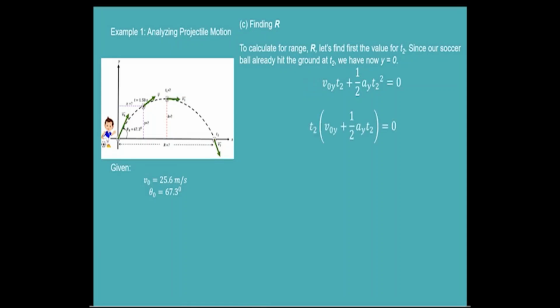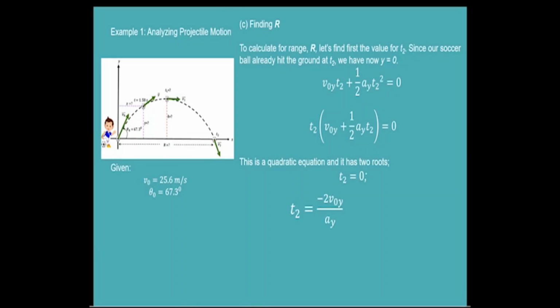Now rearranging this one, we have another quadratic equation. Since this is a quadratic equation, it has two roots. One of its roots is 0. And the second root is calculated using this formula: negative 2 times v sub 0y all over a sub y.